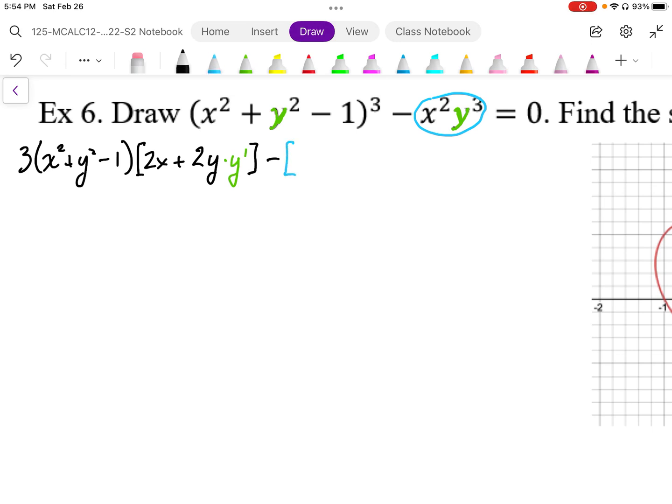When I differentiate this, I'm going to differentiate the x first and keep the y the same, plus I'm going to keep the x the same and then differentiate the y, 3y squared, and then add on the chain at the end, y prime. And that's going to be equal to 0.